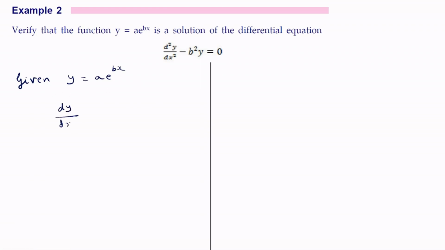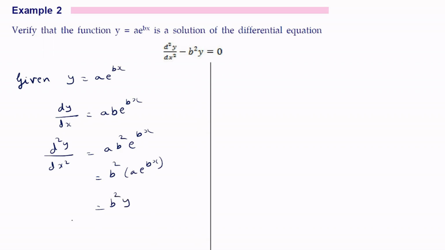dy by dx is ab e raised to bx, and d square y by dx square is a b square e raised to bx. So this is nothing but b square into a e raised to bx. a e raised to bx is y, so this is b square into y.